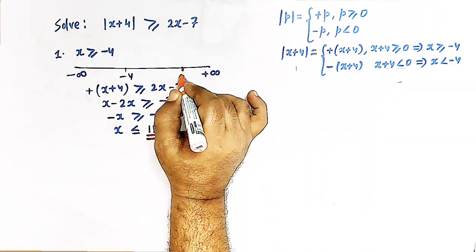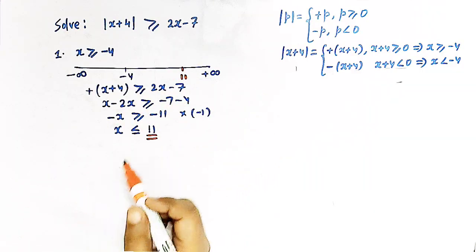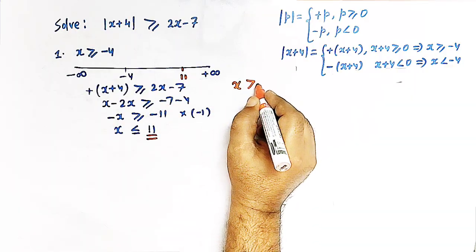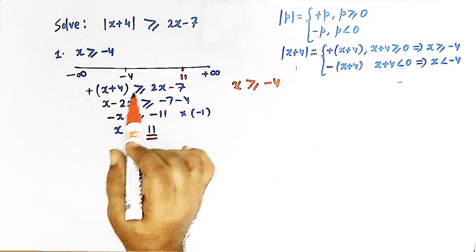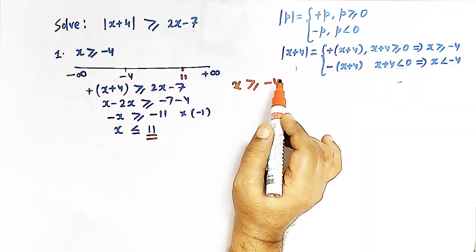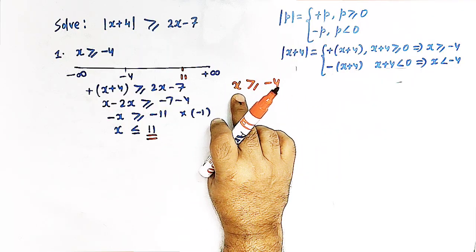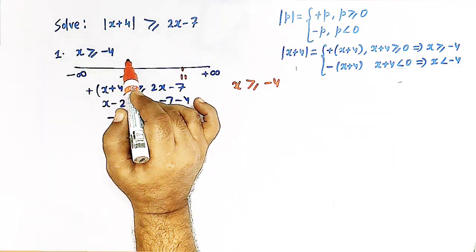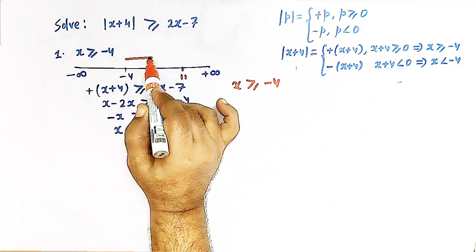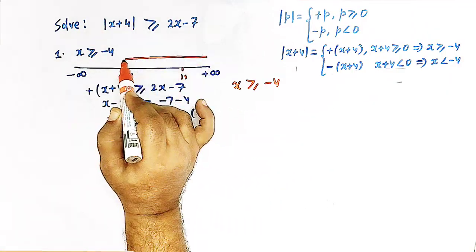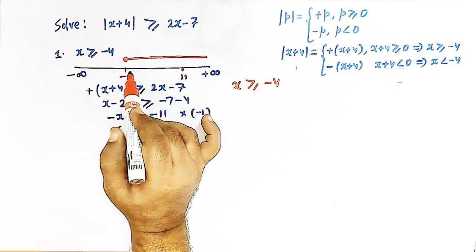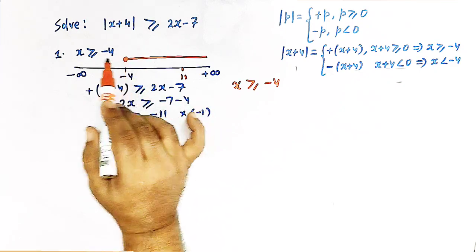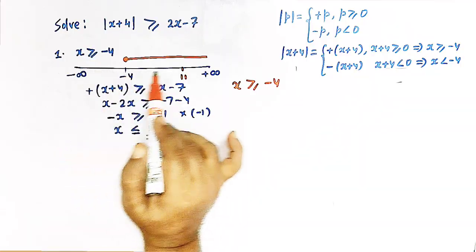So now let us represent 11 on this real number line. So here we have 11, right? So now here we have x greater than or equal to minus 4. So the region represented by x greater than or equal to minus 4 is given by this region, right? And remember here we consider minus 4 also, because here we have the equality, right?